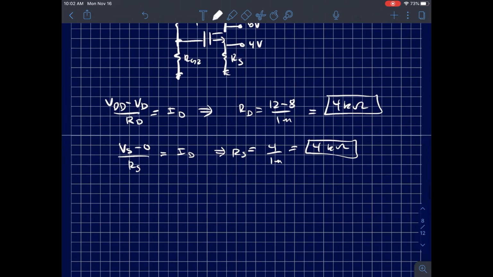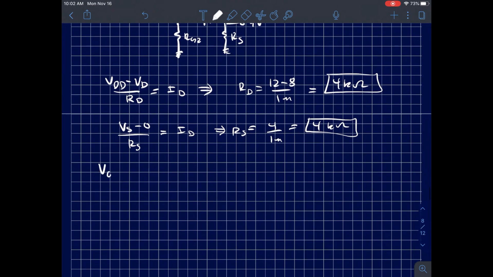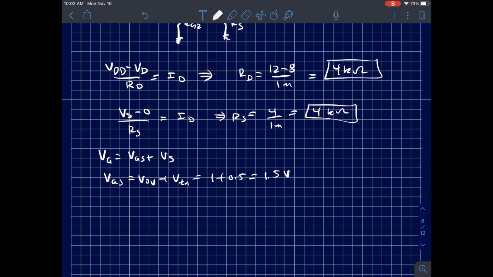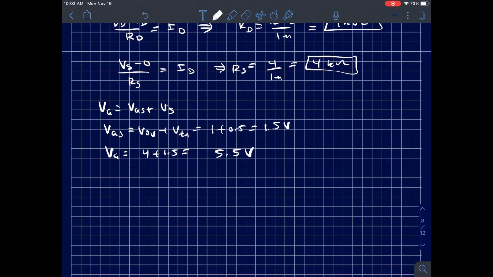The next thing I know is that V gate is equal to V gate to source plus VS. To get V gate to source, I'm going to take my overdrive voltage plus VTN, which is 1 plus 0.5, or 1.5 volts. And so V gate is equal to 4 plus 1.5, or 5.5 volts. That means that V gate needs to be 5.5 over 12, because VDD is 12, so that's how I get 5.5 volts.